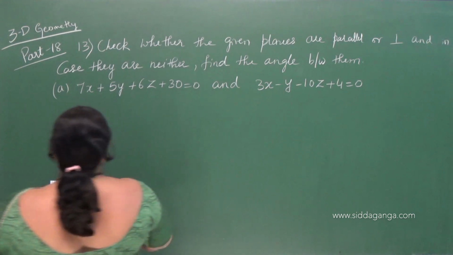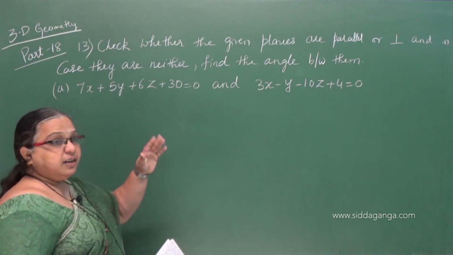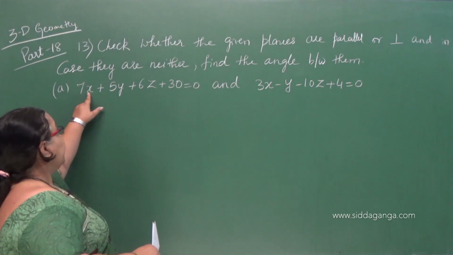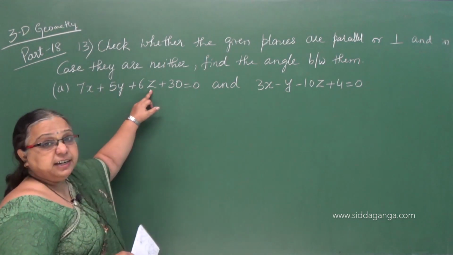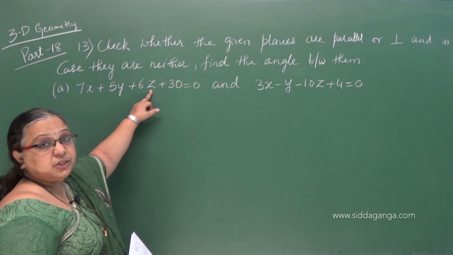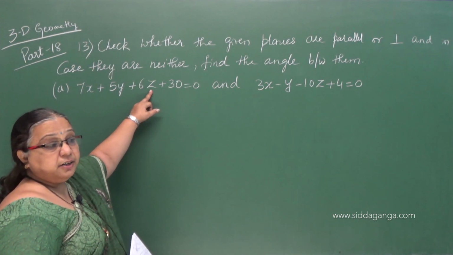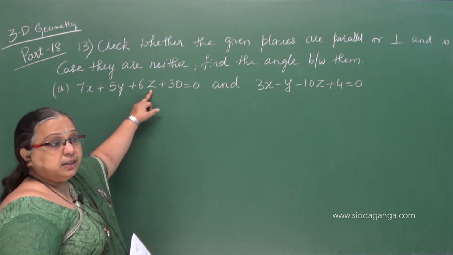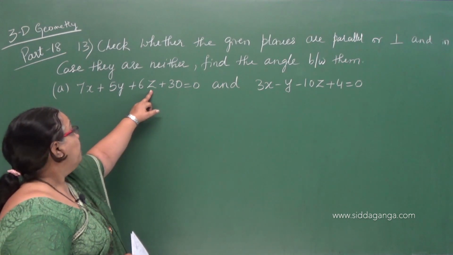Now this equation is in the Cartesian form. Here x, y, z represent the components of vector r, which is the position vector of the general point on the plane.